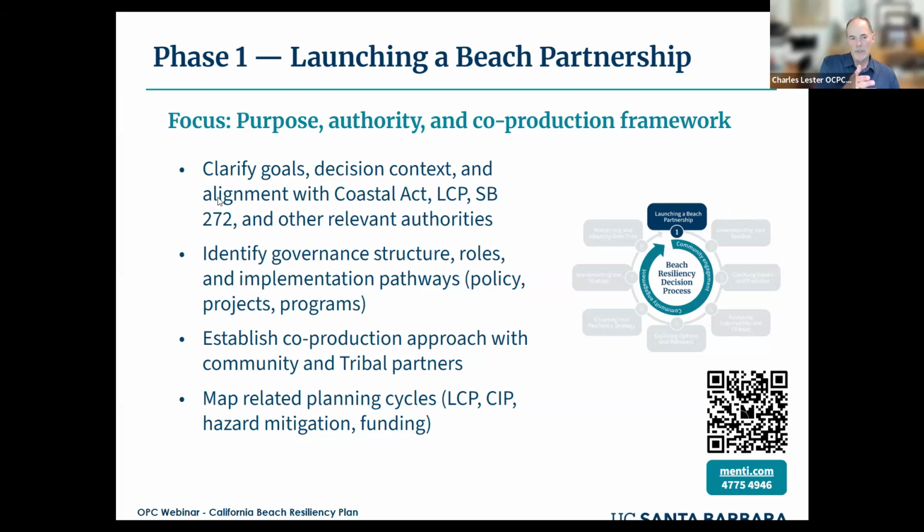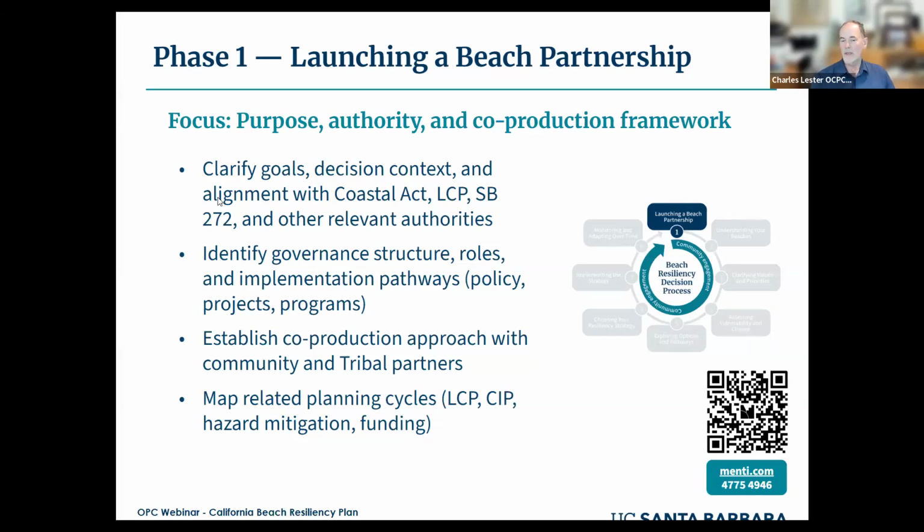And so these bullets here identify some of the things that you would be thinking about at this step. You're clarifying your goals, the decision context for where you are, your jurisdiction, how your effort might align with the Coastal Act, your LCP, SB 272, which is a critical new driver of adaptation planning, other relevant authorities. You're identifying your governance structure, the roles you have in your city or county, implementation pathways, policies, projects, programs that are already going on.